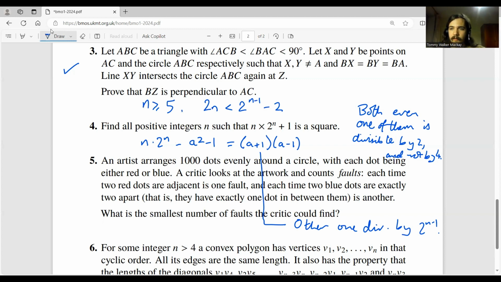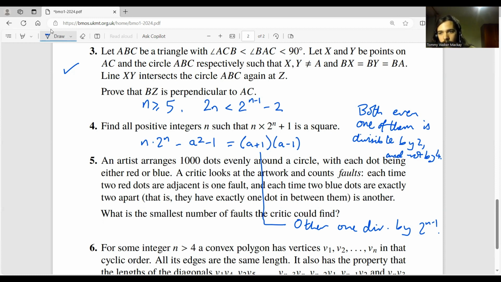Right? We can just check that this is true for n equal to 5, and then because the right-hand side grows much more quickly than the left-hand side, this will be true for all n that are at least 5 as well. So if n is at least 5, then this inequality holds.